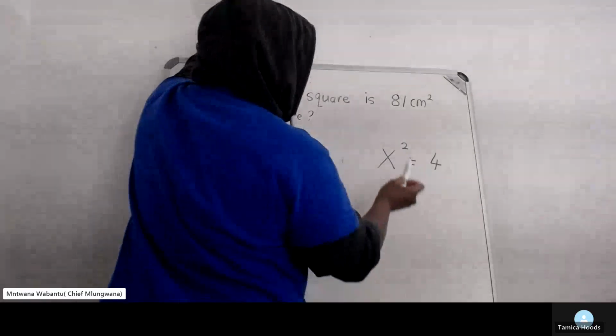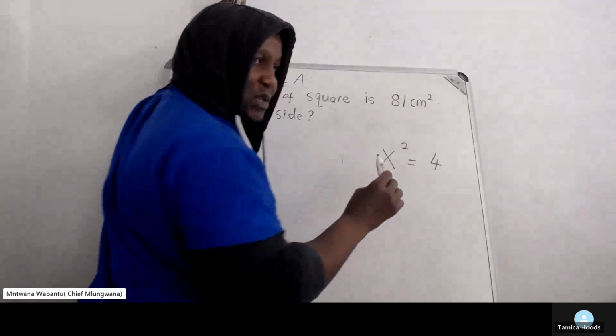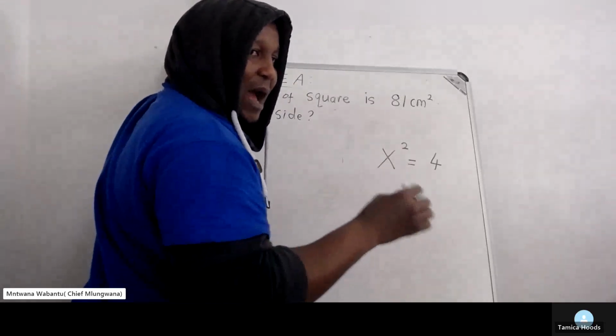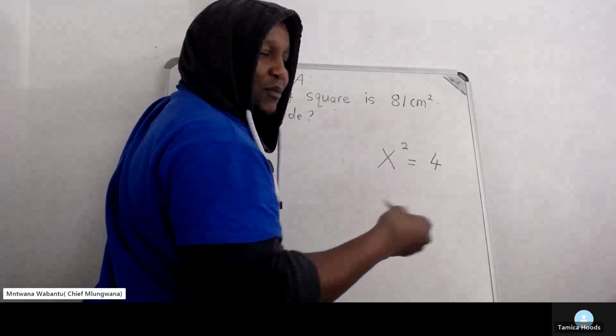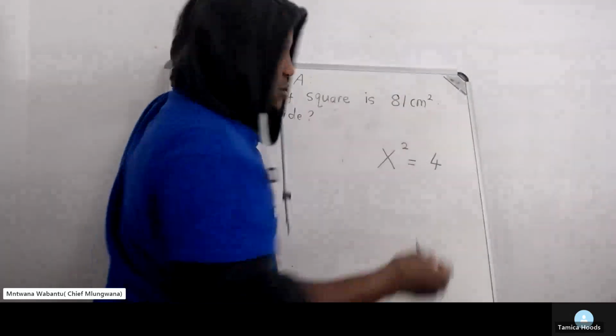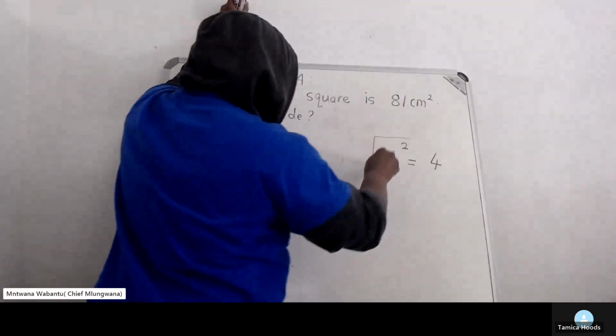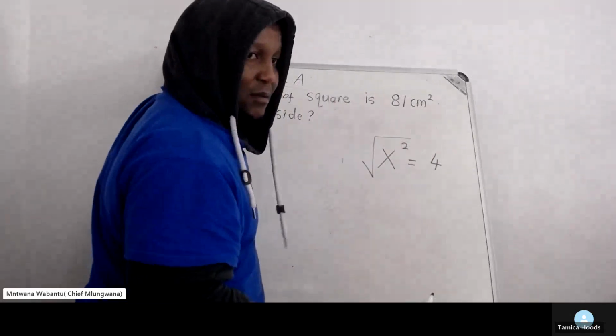If you want to get rid of this power, because your intention is to get x, how are you going to get rid of the power? To get rid of the power, you must square root. You write the square root on both sides.